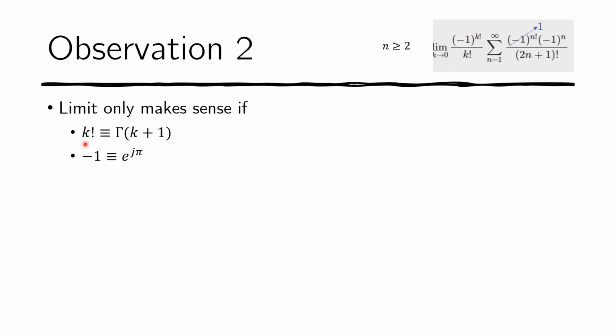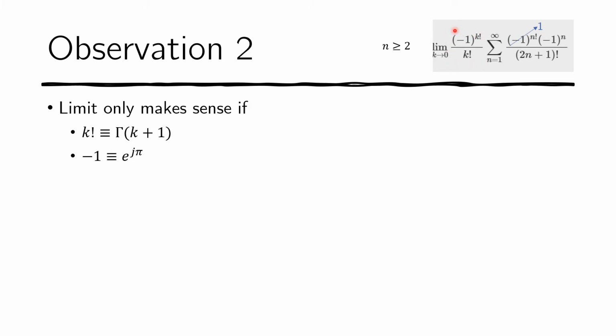We notice that this limit cannot make sense if we do not have values of k around 0, for example 0.01, 0.001. If we do not have those k, then we really cannot define this limit.